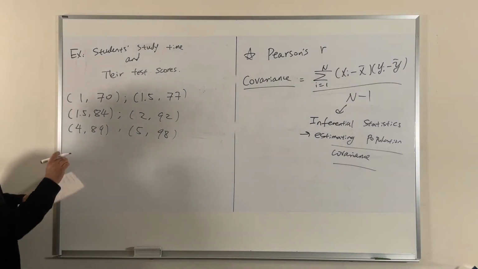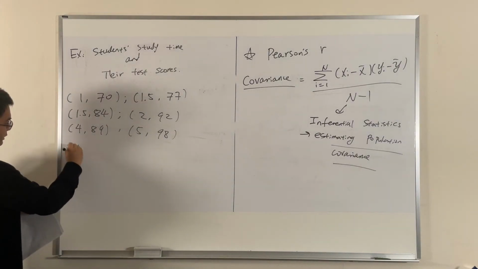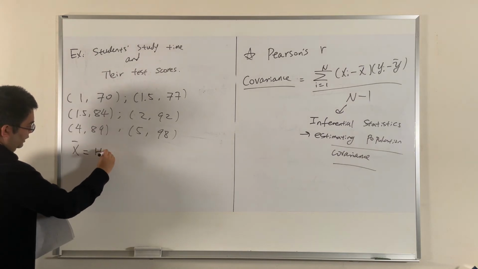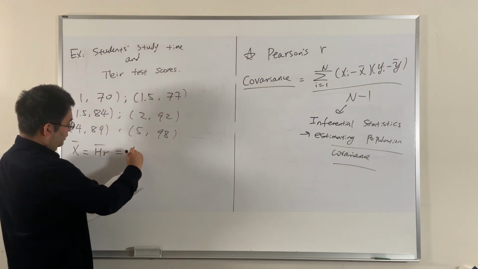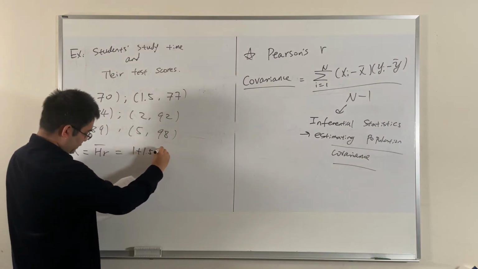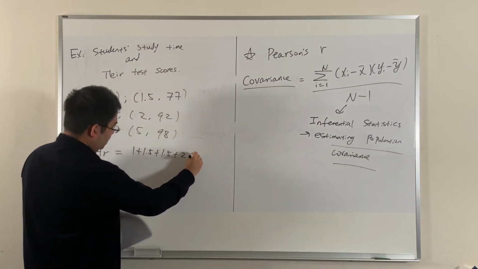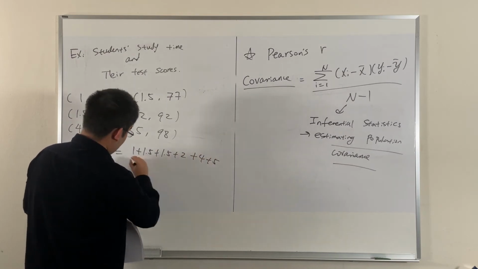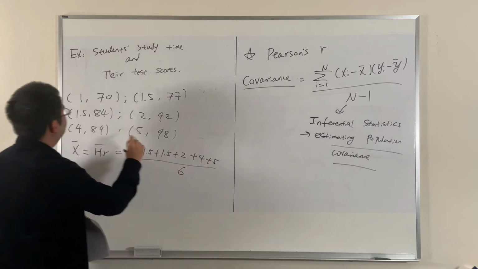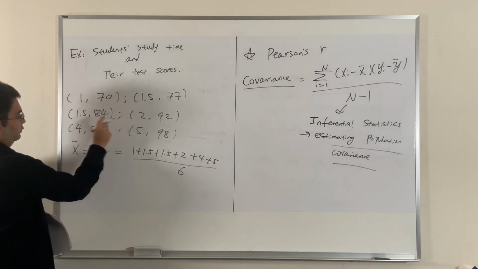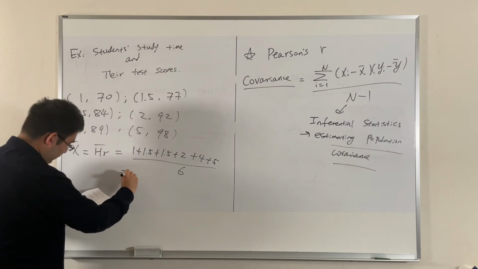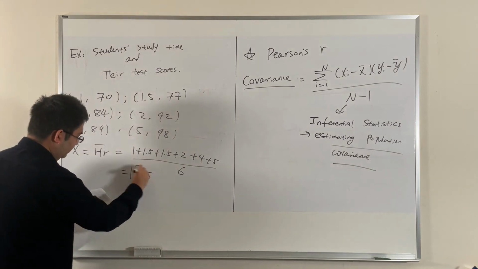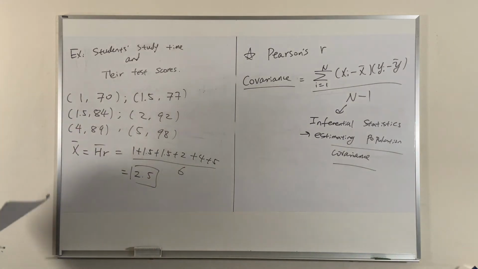So x bar, in this case, let's denote as hour average, be 1 plus 1.5 plus 1.5 plus 2 plus 4 plus 5, and I'm going to divide by 6, right? So sum up 1, 1.5, 1.5, 2, 4, 5, and divide by 6. This gives us 2.5. Okay, and that's x bar.